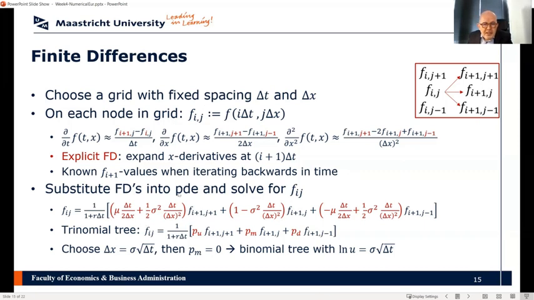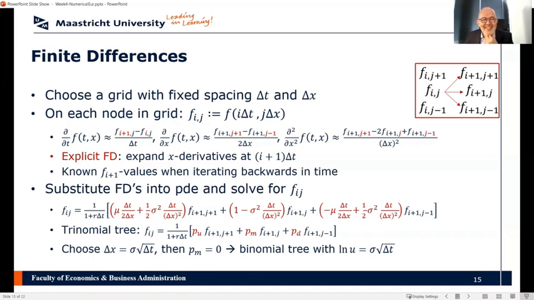Now let's take a look at these 3 red numbers here. If I am adding these 3 red numbers together, then the minus sigma squared and the plus 1/2 sigma squared and the plus 1/2 sigma squared cancel against each other, and the plus mu and the minus mu also cancel against each other. So these three red numbers all sum to 1.